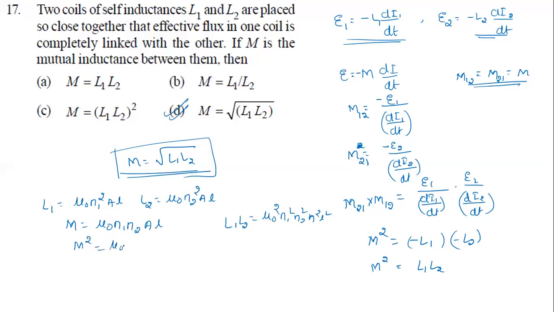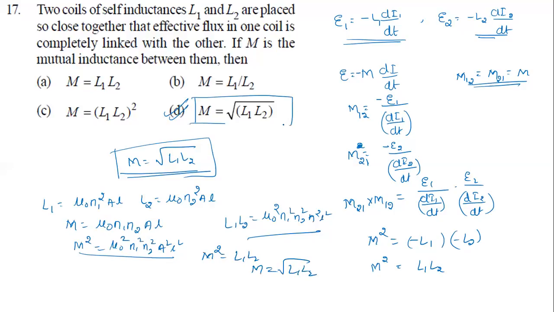M square equal to mu naught square N1 square N2 square area square length square. Now look at this equation and this equation. Left hand side is different, but right hand side is the same. Then I can write M square equal to L1 L2, then M equal to the square root of L1 L2. This also you can use to get the relation between them. But this is the relation you should remember.